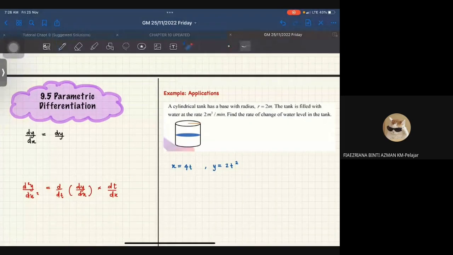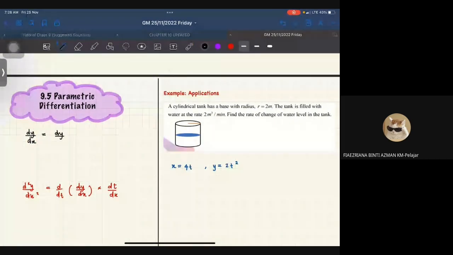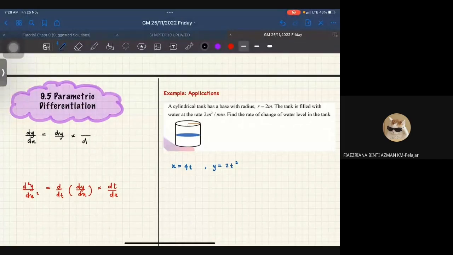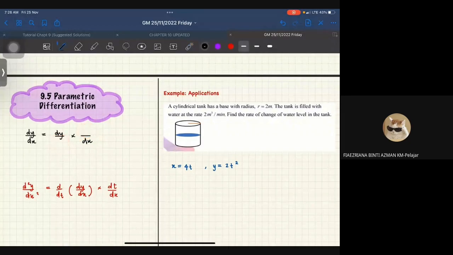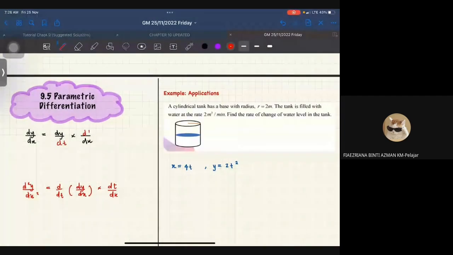So kita akan pecahkan dy dengan dx ni into two parts. Okay, so the first part will contain dy over something. And then the second part will contain something over dx. Saya dah tengah dah. Okay, so apa yang kita nak letak dekat tempat kosong ini based on parametric differentiation adalah kita akan letak dt. Sebab kita ada variable of t dalam kita punya x and also y. So we are going to put dt dekat bawah dengan dt dekat atas. Okay, so this is first derivative.